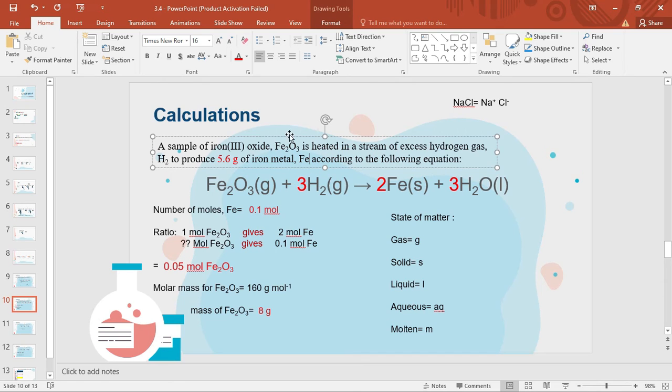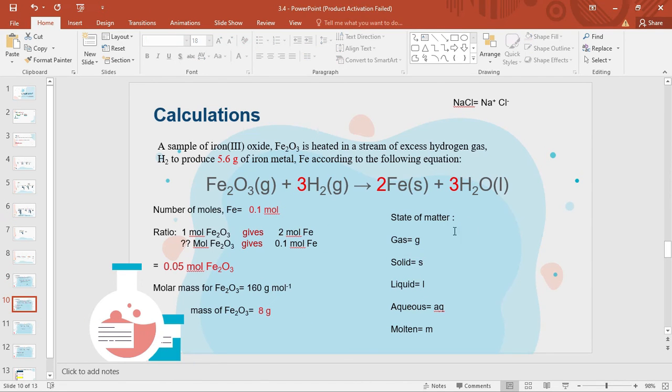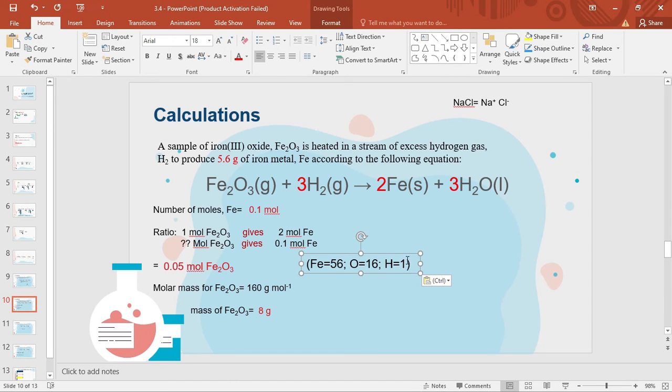So from the 5.6 gram of iron here, we calculate the number of moles. In the question, they already give you the molar mass or RAM. Never mind, this one erase. We put here. Slowly we do.